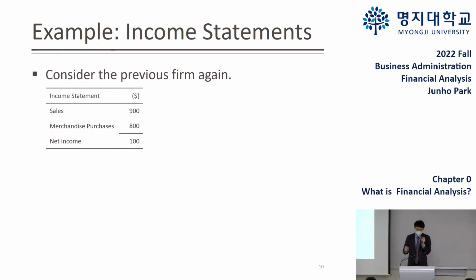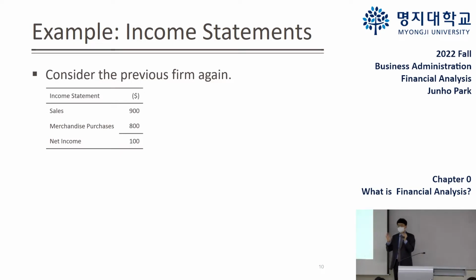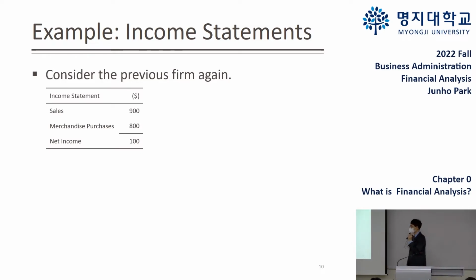And you purchased merchandise at $800 to have them in your inventories. So merchandise purchases are expenses and they are $800. And after you sum all the revenues and deduct all the expenses, you get income, what we call net income, which is $100 for this firm.